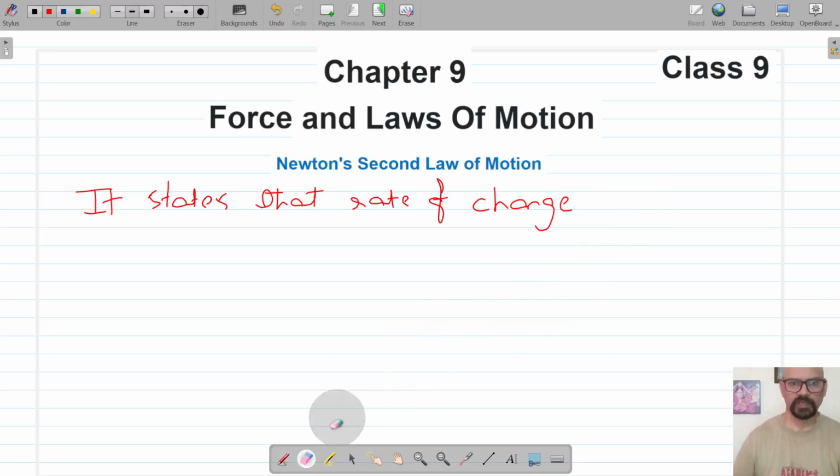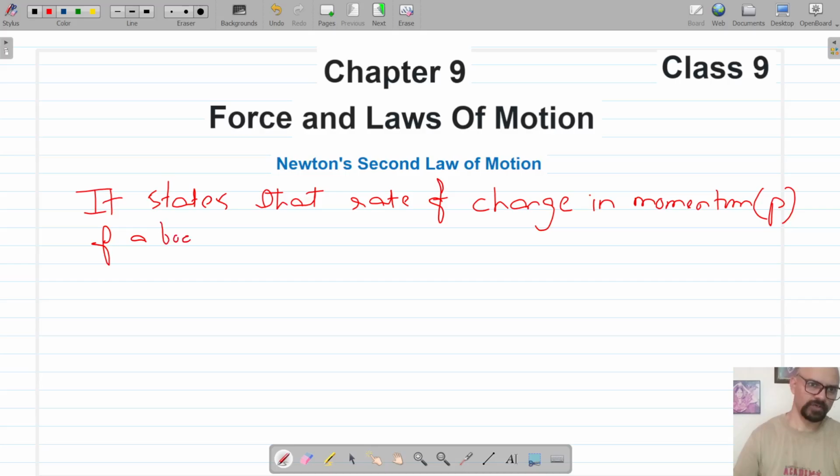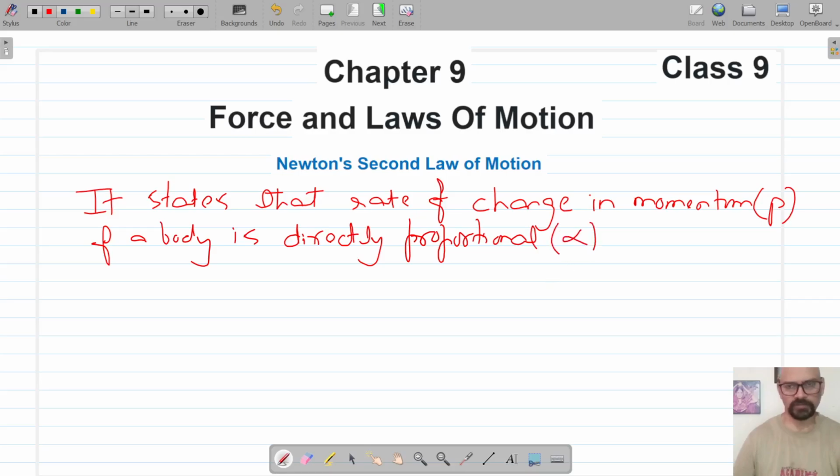It states that the rate of change in momentum, which we denote by P, of a body is directly proportional, this is the sign for directly proportional, to the applied force.